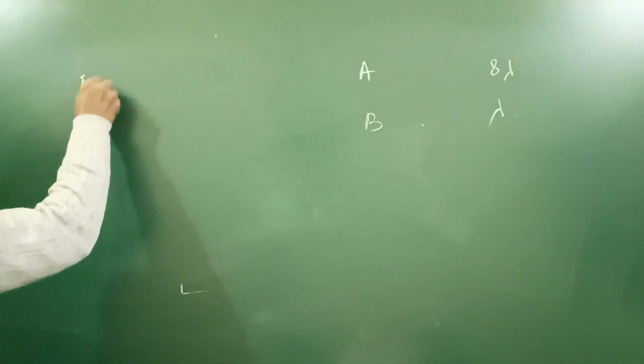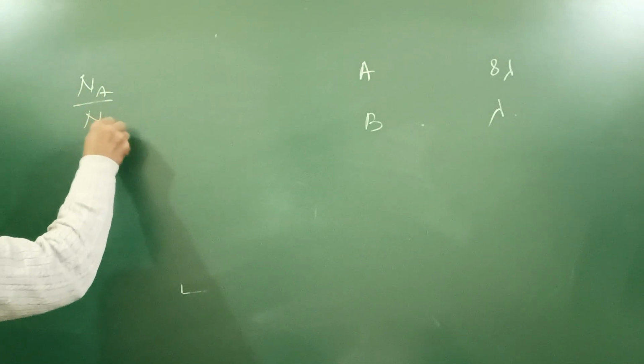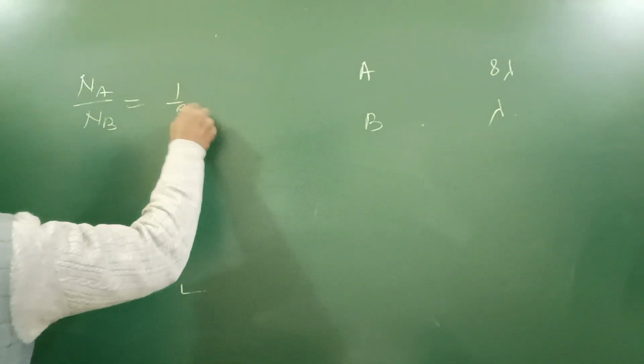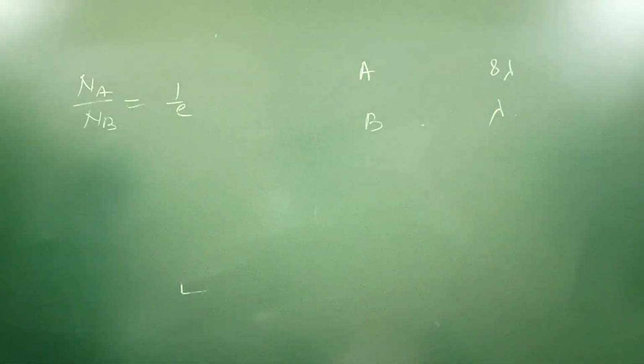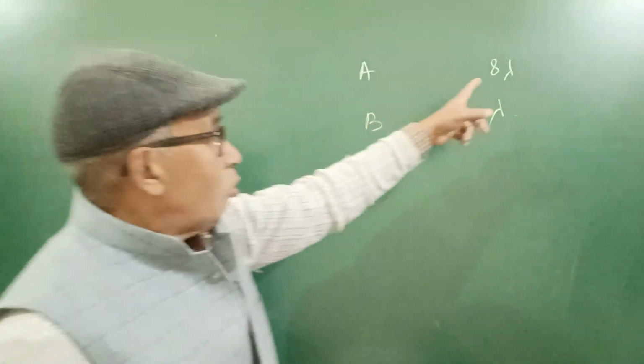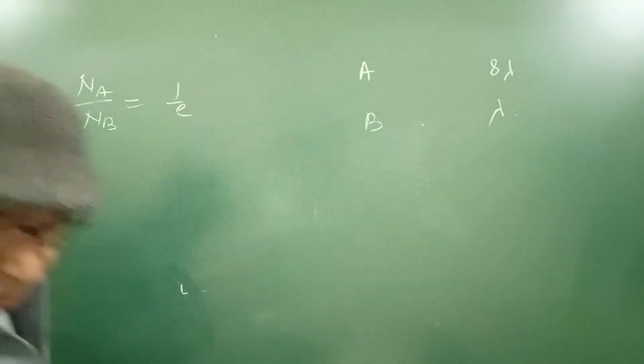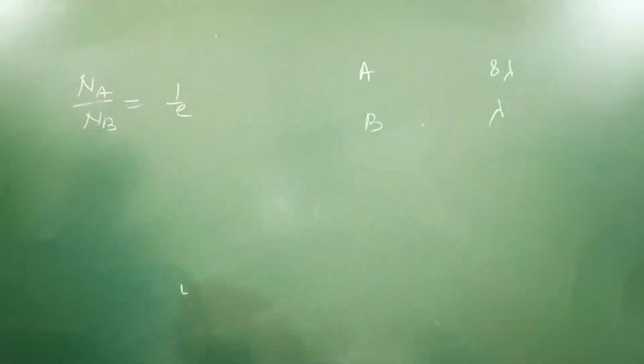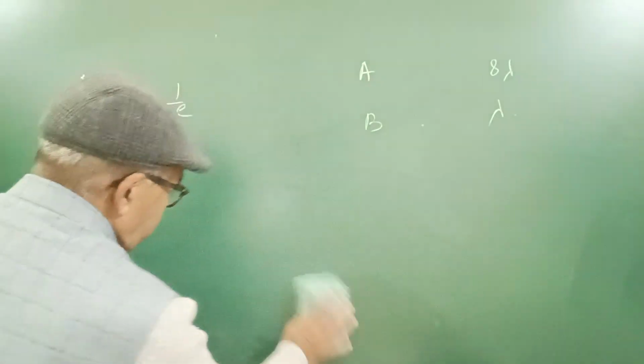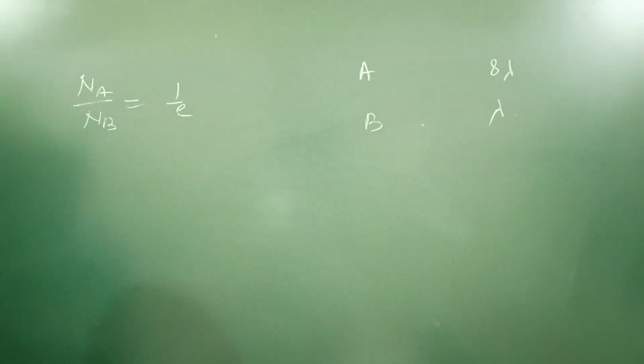And you are asked after what time the ratio of number of nuclei N_A upon N_B is equal to 1 upon e. If these two elements show radioactivity with decay constants 8 lambda and lambda, then after how much time are the radioactive nuclei left of A and B in the ratio 1:e?